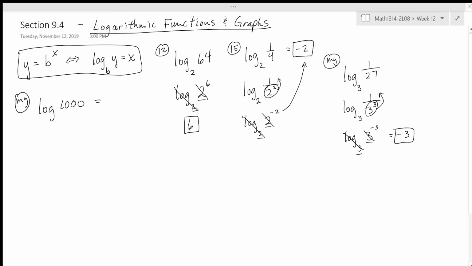Y'all need to know that. This also means that you can use that other log button, the button that just says log, and just do log of 1,000. It is 3.